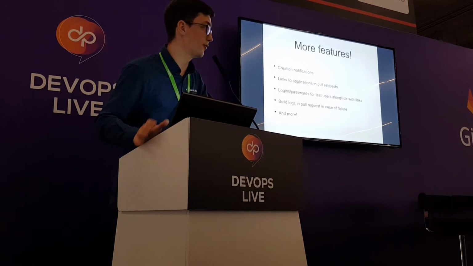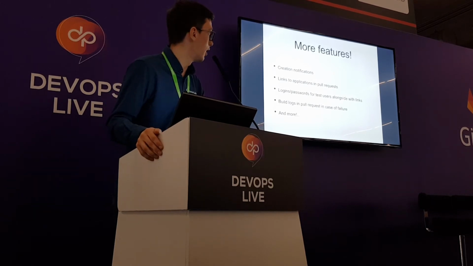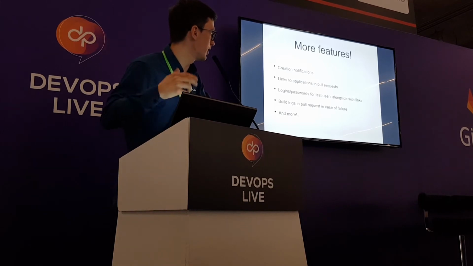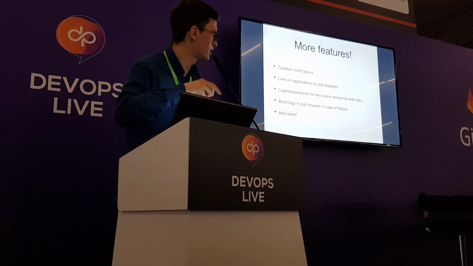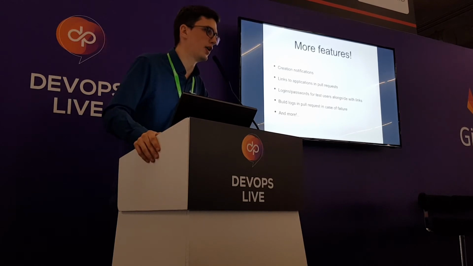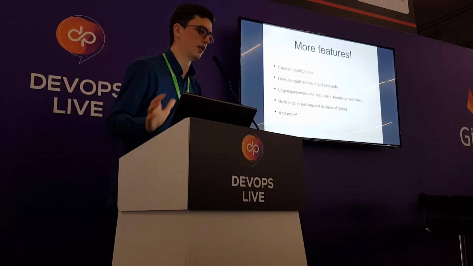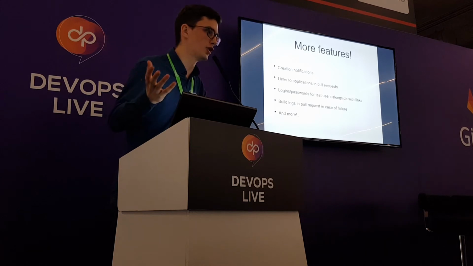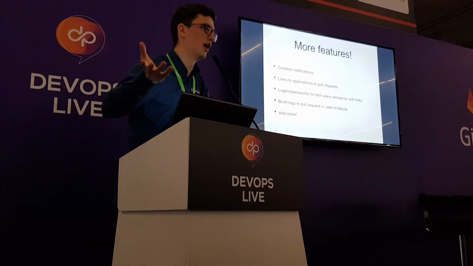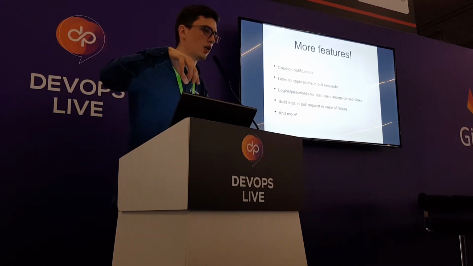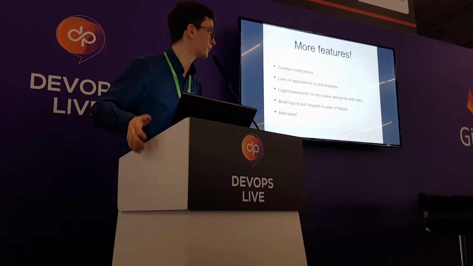We need a notification in the pull requests. Also, we need links to every application that is created in a pull request, alongside credentials for every test user, so that the QA team can just open the pull request, click the button, and after that just click the link of the new application and use it.